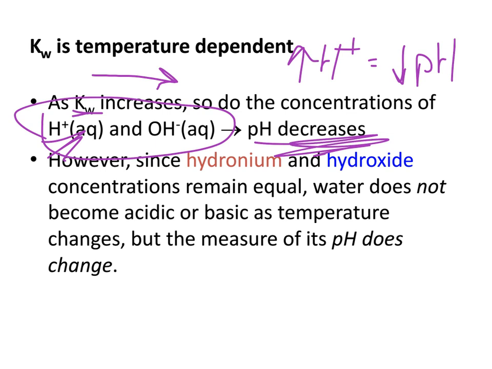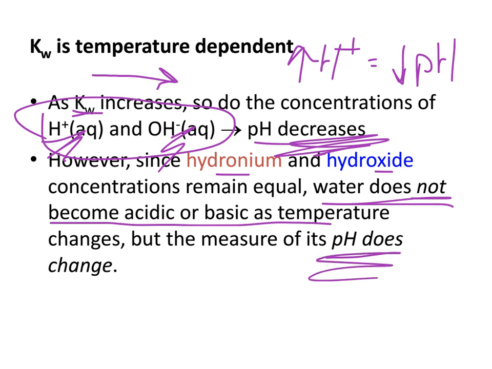But the catch is I'm also making more OH. And so in reality, on the pH scale, those both are increasing. And so you can't really say that the water is becoming more basic or more acidic. But if you look at a little more depth, a little more decimal places, we will actually be able to see changes in the pH, but it's still going to be very, very close to neutral.